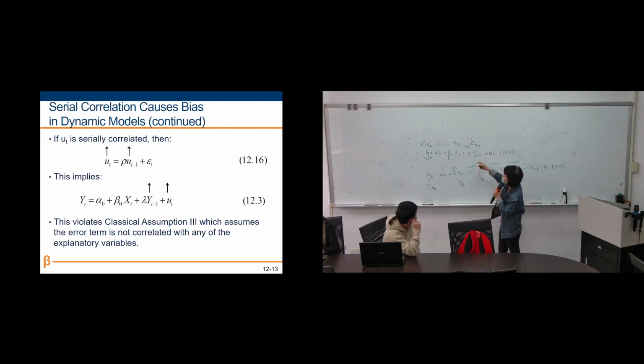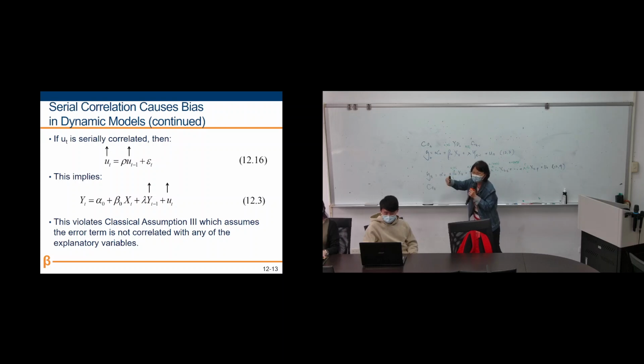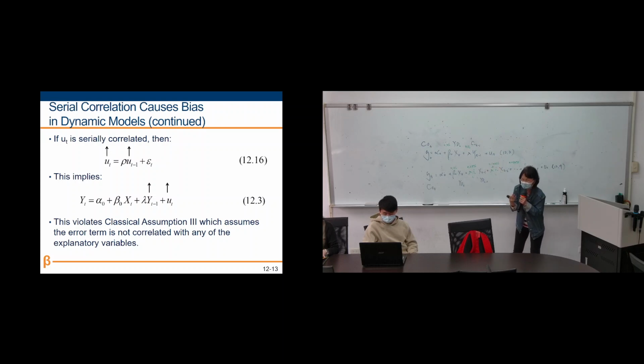But originally, if it is the dynamic model, multicollinearity doesn't exist here. They have their own problem, which is more serious, called the serial correlation problem. The reason is that since Y t is affected by the previous Y t minus 1, in OLS models there is supposed to be no relationship between this regressor and the error term. But if you have dynamic models, it cannot be that way. This one is involved with this.